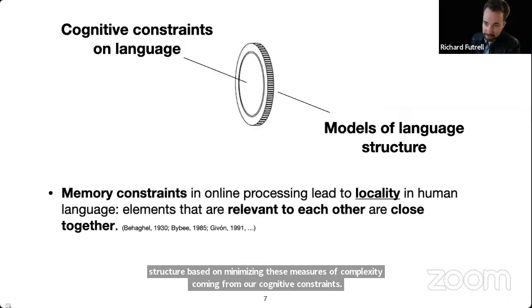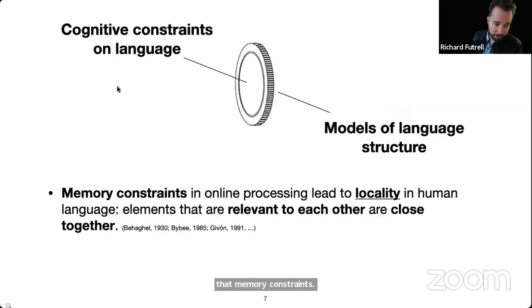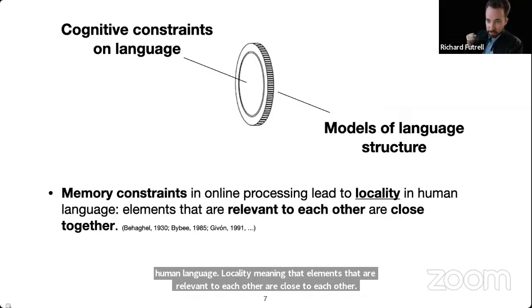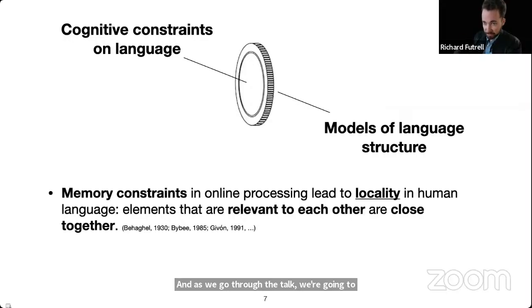And what we're going to see in this talk concretely is that memory constraints, that's the main cognitive constraint we're thinking about, memory constraints in online processing lead to various kinds of locality in human language. Locality meaning that elements that are relevant to each other are close to each other. As we go through the talk, we're going to refine that notion of locality to make it more and more precise and powerful.